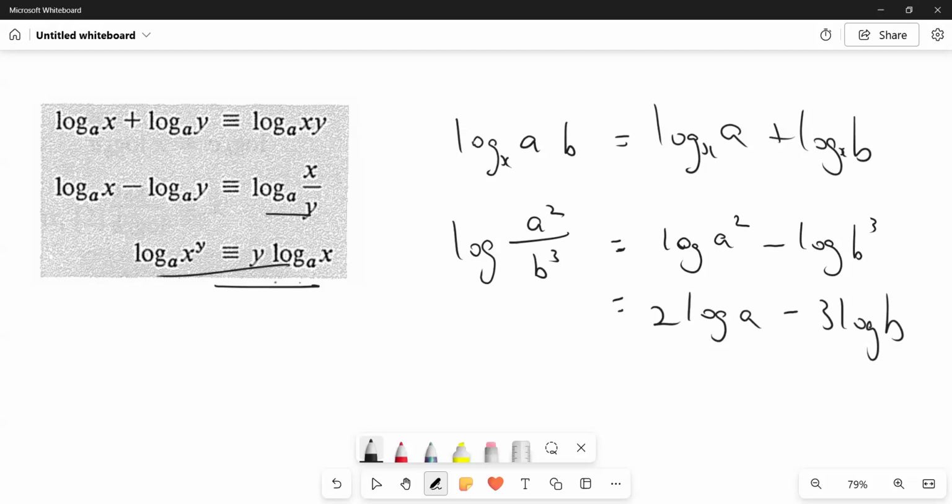Good. So now that we're introduced to the laws of logarithm, and we're going to use them a lot, the trouble with logarithms is that you can't have the logarithms of numbers with all kinds of bases.